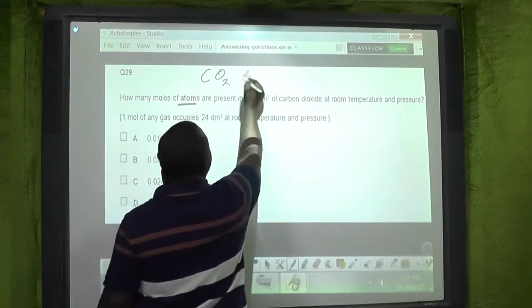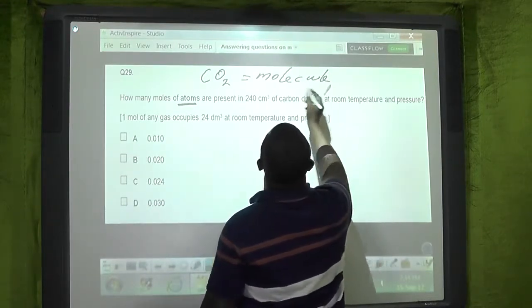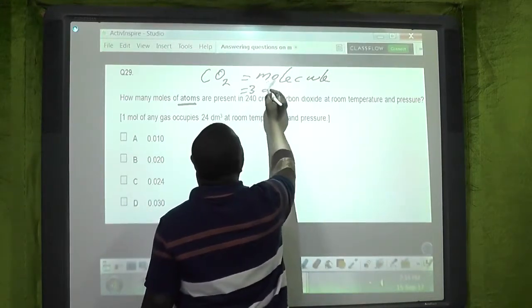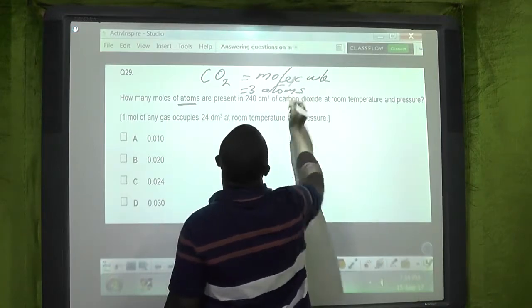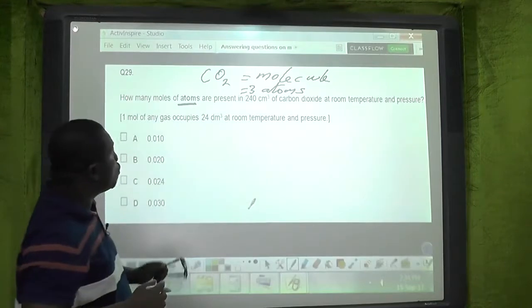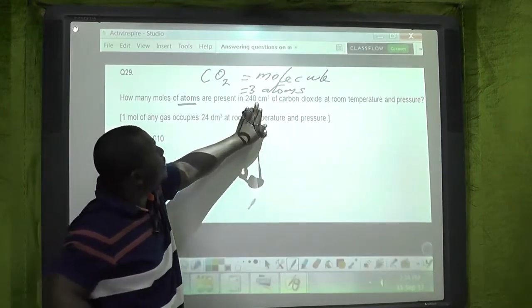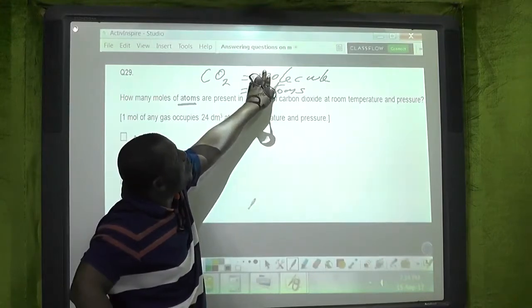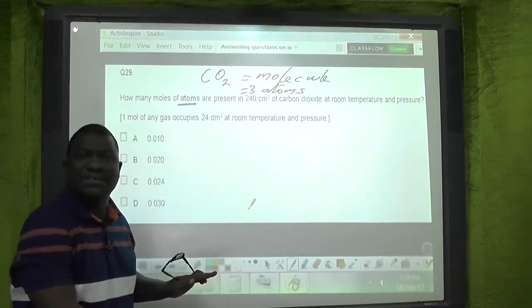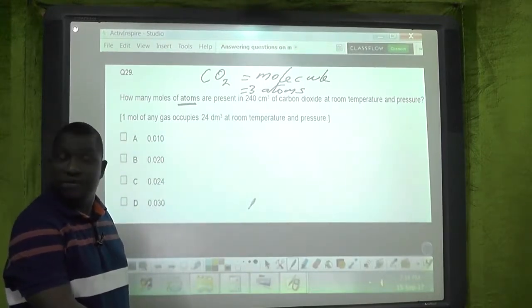CO2 is a molecule, and it contains what? 3 atoms. 2 of oxygen and 1 of carbon. So we use the 24 dm³ and 24,000 cm³ to get the number of moles of molecules of carbon dioxide that is present, and we multiply it by 3 to get the number of moles of atoms.